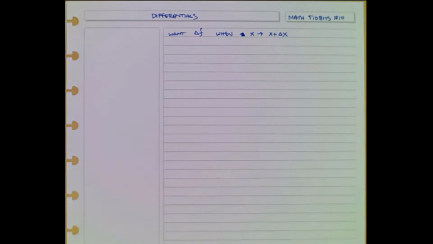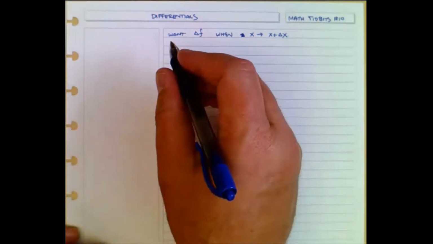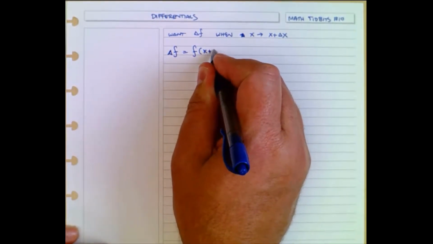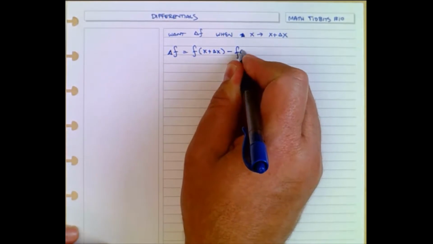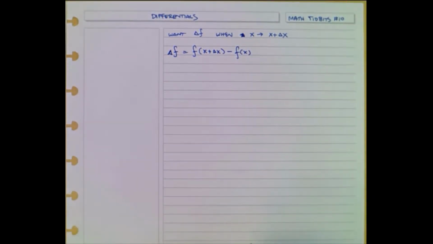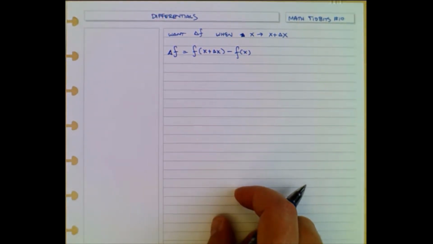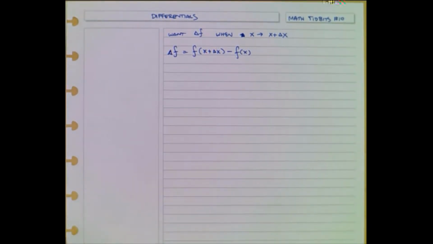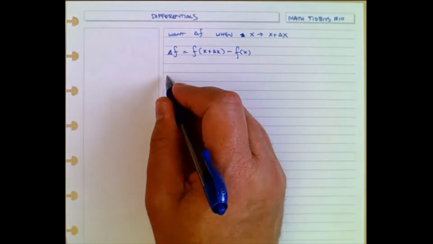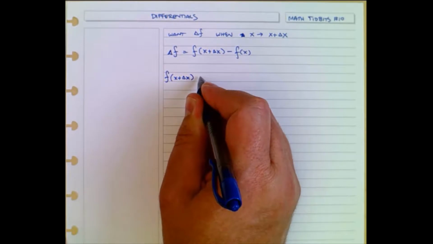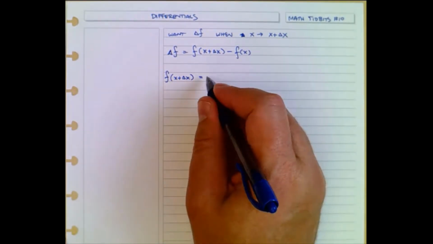So we're going to define, as we did before, delta f to be f of x plus delta x minus f of x. And again, as in the last case, Taylor comes to the rescue. We want to know what f at x plus delta x is by knowing what f at x is.